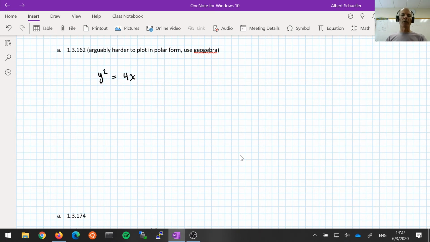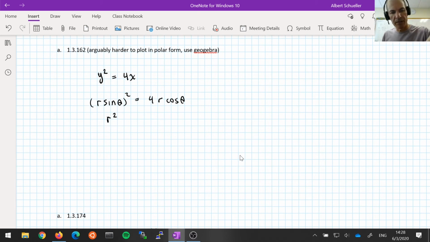Y squared equals 4x. To convert this to polar form, just use the conversion formulas. We know that y is equal to r sine theta, and it's squared. And we know that x is equal to r cosine theta. You could stop there, honestly, but maybe let's practice putting it into polar function form.